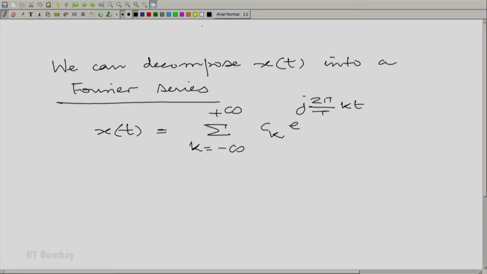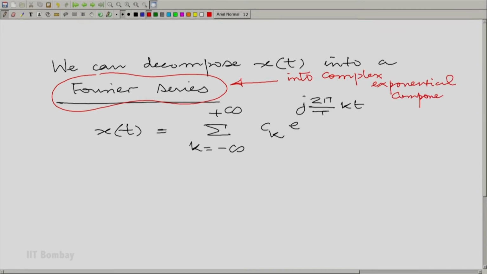This decomposition that we have been talking about, thinking of a periodic waveform as a linear combination of sinusoids or complex exponentials with frequencies equal to multiples of the fundamental, is called a Fourier series decomposition. That is what we have written here. So, this term Fourier series is a term that we shall use again and again, essentially a decomposition into complex exponentials or sinusoidal components. In this case, we are talking about complex exponential components.